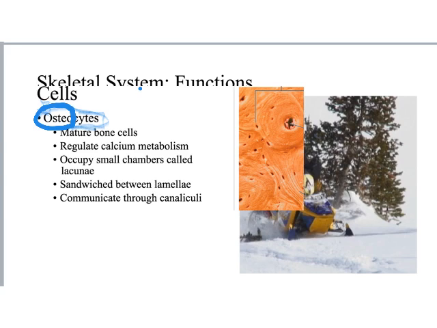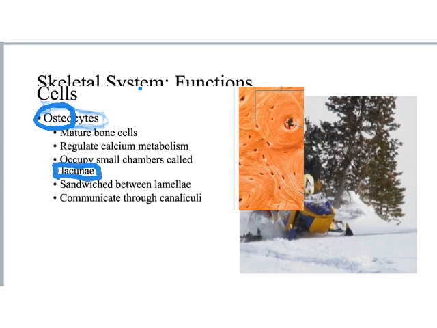Now you can imagine if you've got bone being as hard as it is, that you can't just have living cells in the middle of that hard mineralized bone. You've got to have safe places for them, or homes for these living cells to thrive in. And those holes, or those homes, are called lacunae.